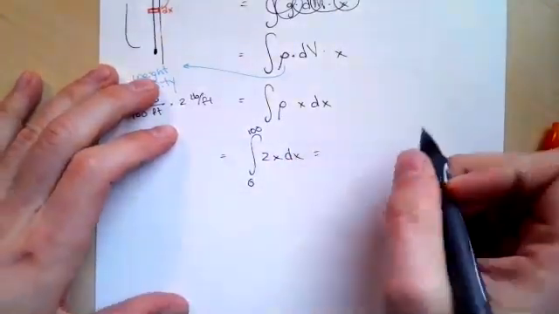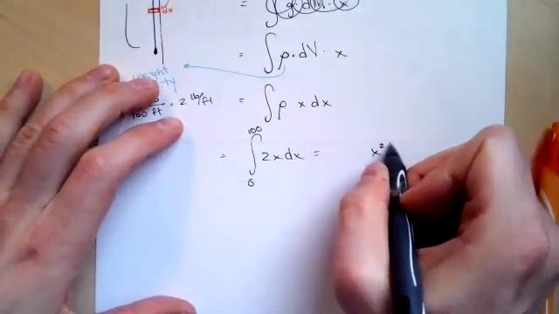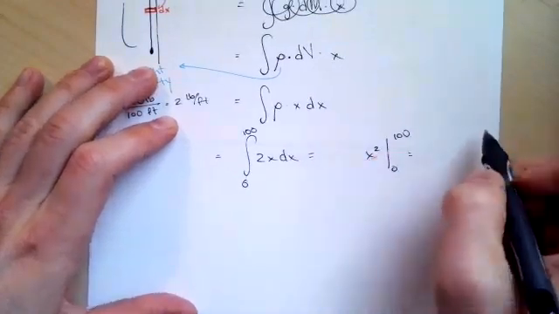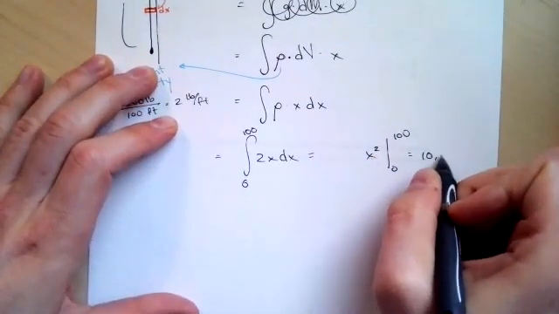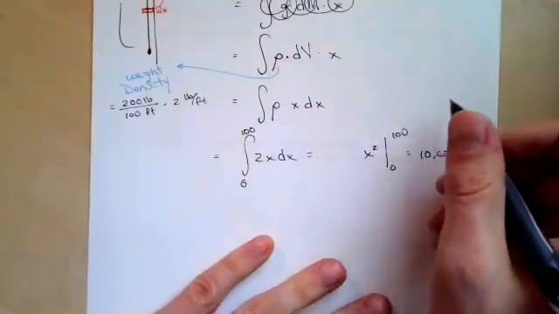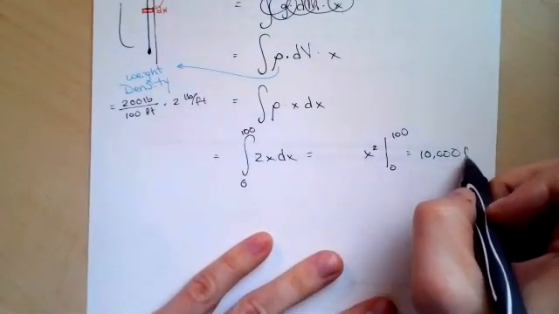So computing our total work, going to give us 100 squared, or 10,000. And this is going to be foot-pounds of work.